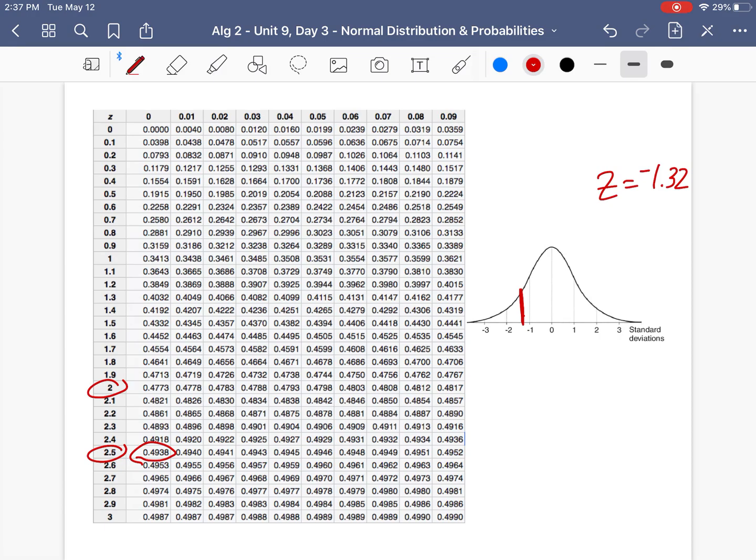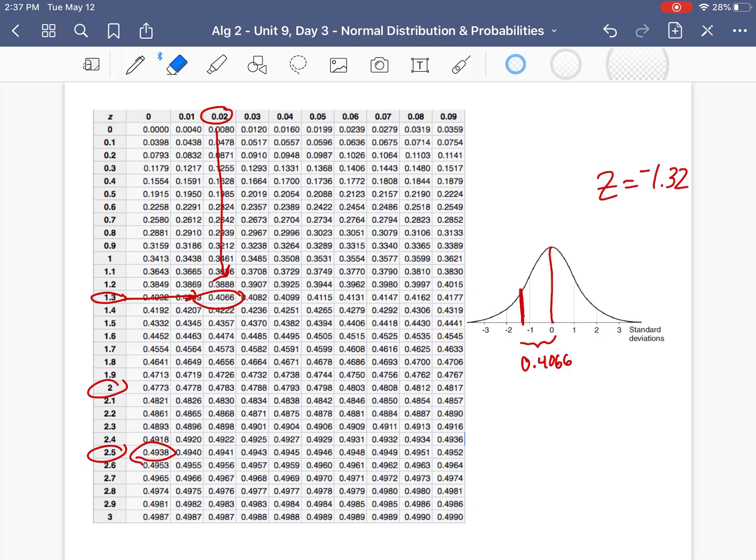So if I look up 1.3 and then the 2 right here, I go down until they meet up. I'm looking at this number right here, 0.4066. So that means between these two lines, from 0 to -1.32, the area under the curve is 0.4066.